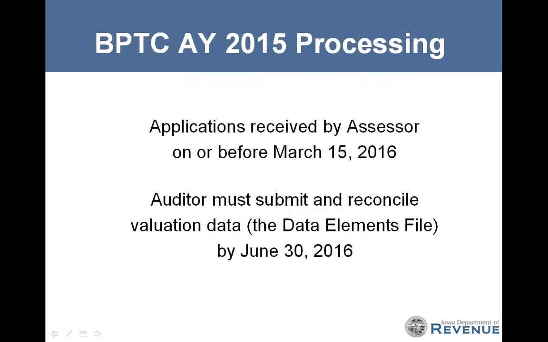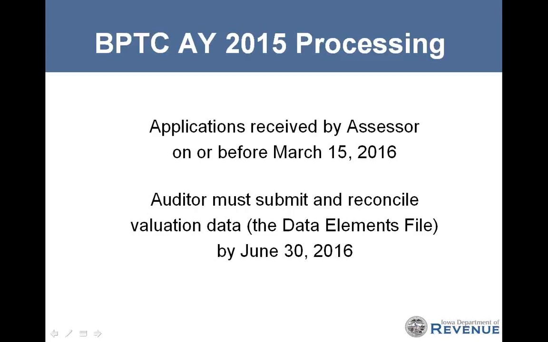As we mentioned earlier, we've got the assessment year 2015 applications that came into you on March 15th. Those will be processed, and the assessor receives the applications, and then the information about valuation of the property units is provided by the auditor in what we call a data elements file.